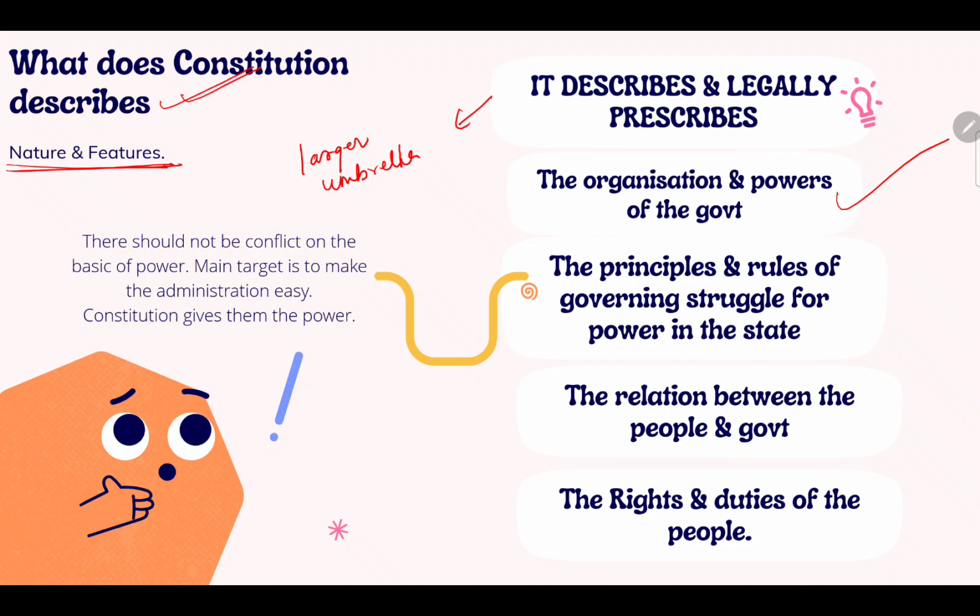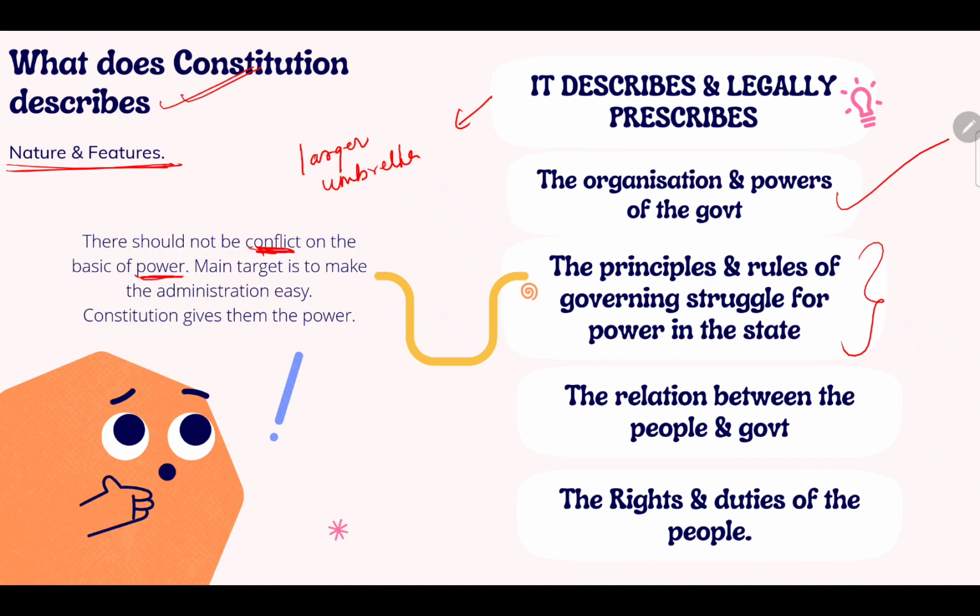Number two, constitution describes and legally prescribes the principles and rules for the governing struggle for power in the state. What does this mean? If in a country there are many states, there should not arise any conflict on the basis of power.